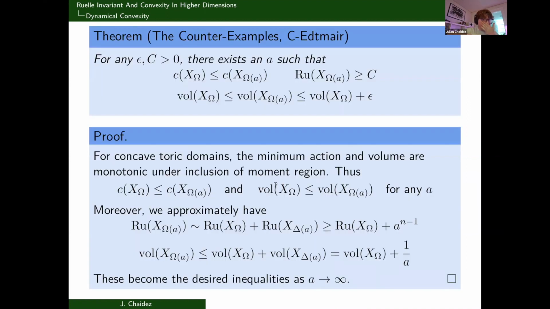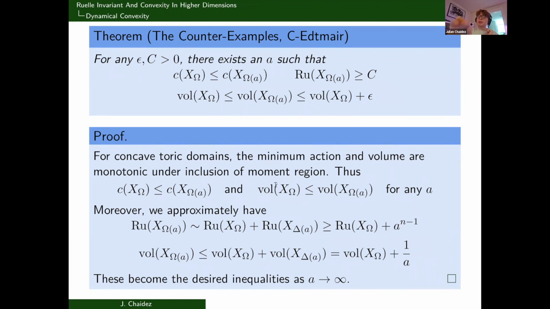Now the theorem is that for any epsilon and any c, there exists a choice of A such that, first of all, the systole of X omega epsilon is less than or equal to the systole of X omega. The Ruelle invariant of X omega epsilon is bounded below by the constant c, and the volume of X omega epsilon is very close to the volume of X omega; they differ by a quantity bounded by epsilon.